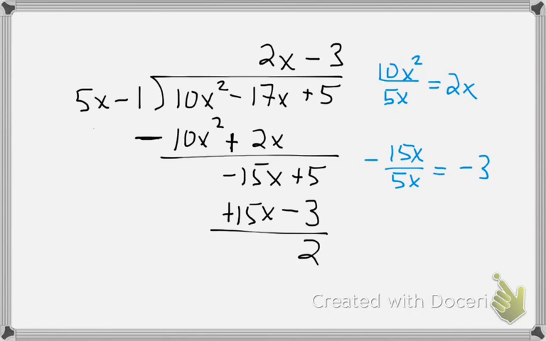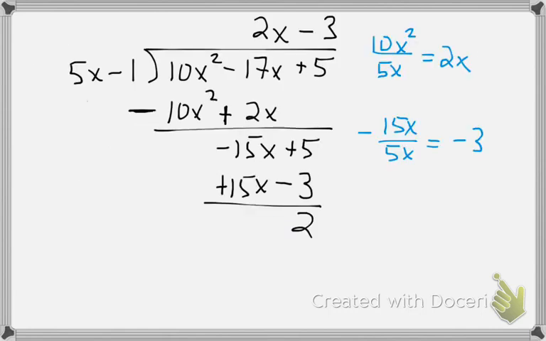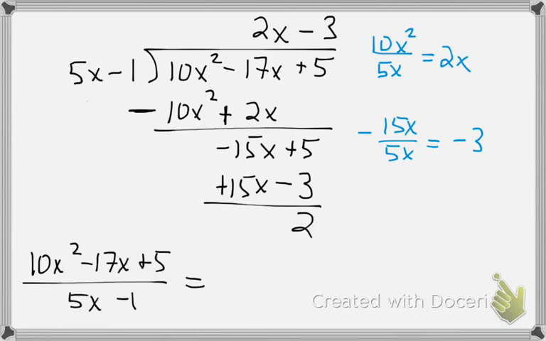So, 10x squared minus 17x plus 5 divided by 5x minus 1 is equal to 2x minus 3 plus, what's my remainder?